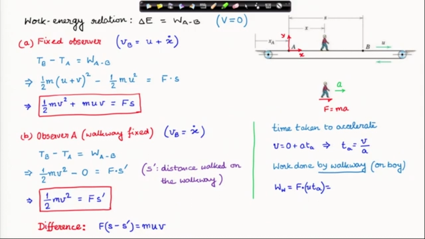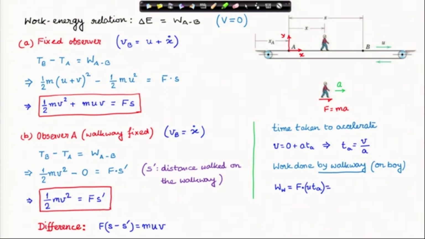This work must be F times the distance travelled by the walkway in that time, because this force is acting between the boy and the walkway. This force acts as long as the boy is accelerating.